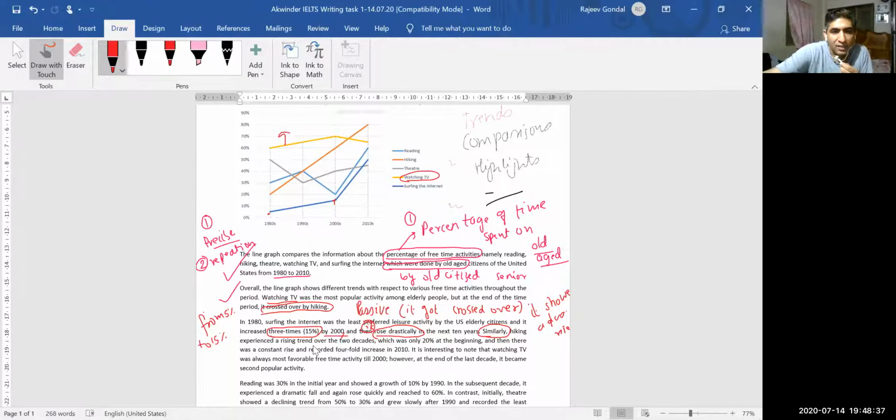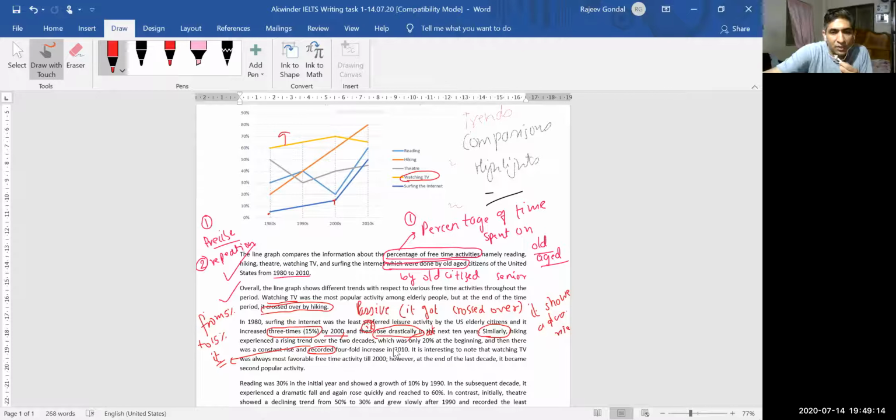Similarly, hiking experienced a rising trend over the 2 decades, which was at only 20% at the beginning, and then there was a constant rise, and it recorded, you have to put it here, it recorded a fourfold increase in 2010.